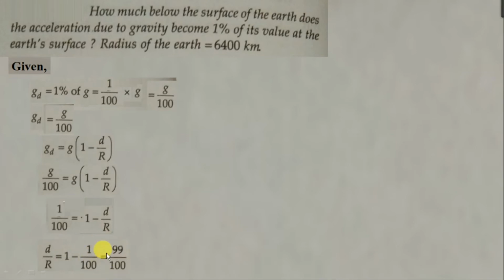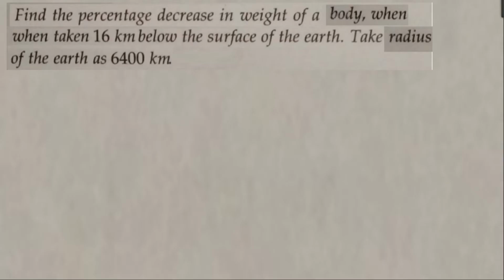So if you solve this, you'll get 99 by 100. Now d is 99 by 100 into r, as this r will come this side. So now if you put the value of the radius of the earth, you'll get d to be 6336. So that means at the depth of 6336 kilometer, the value of acceleration due to gravity decreases to 1% of its value on the surface of the earth.